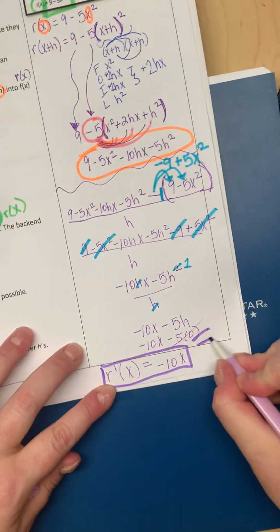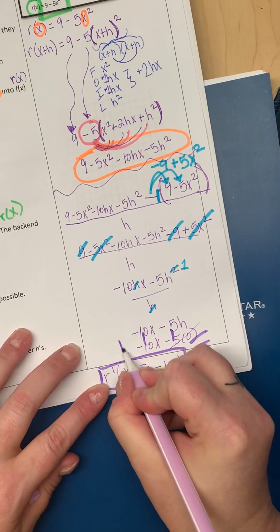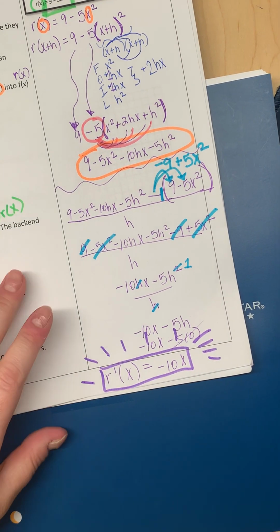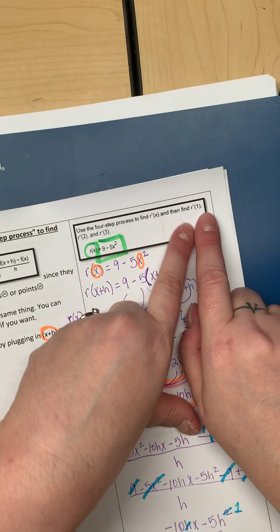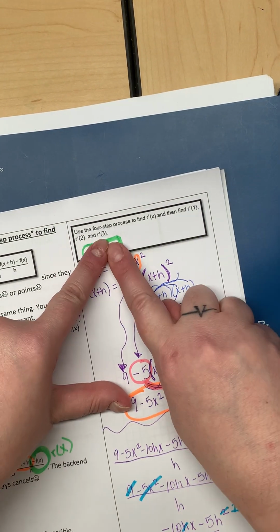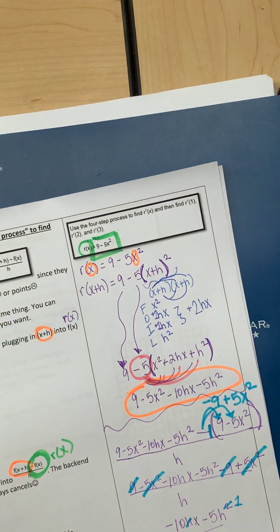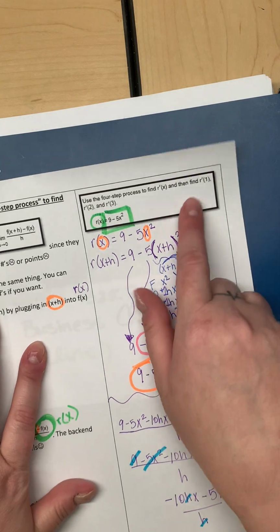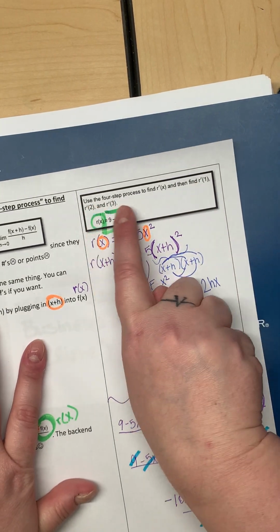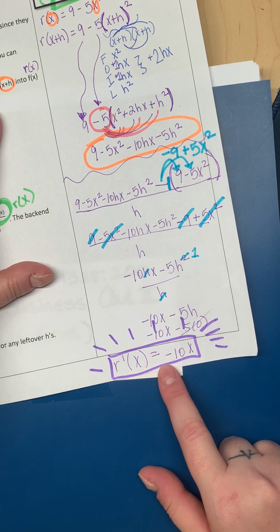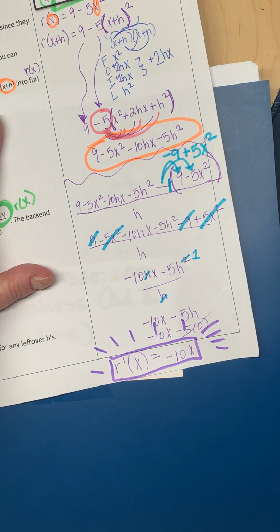Now we just have a couple of other things we need to find. And you're thinking, oh my gosh, this is going to take forever. It's not. The only other thing we have to find is r prime 1, r prime 2, r prime 3. So to find those, we're just going to plug these numbers, 1, 2, 3, into this r prime x equation we just got from that huge, crazy formula.